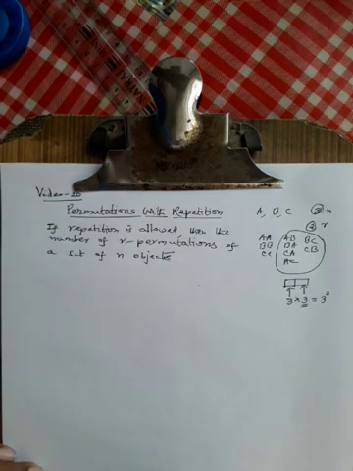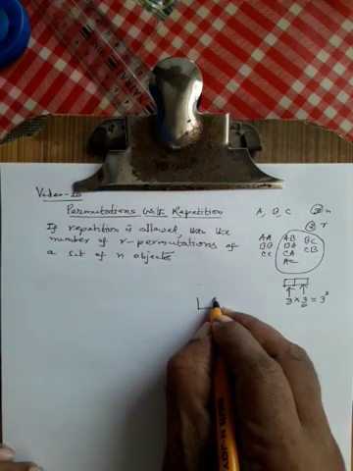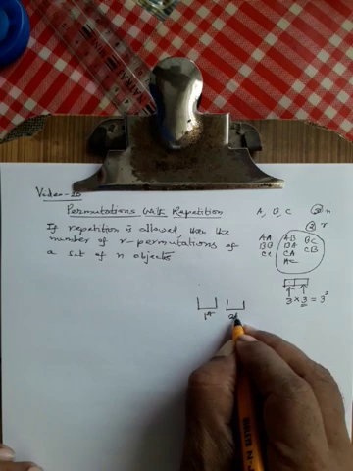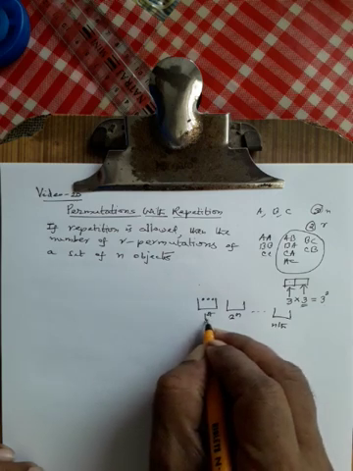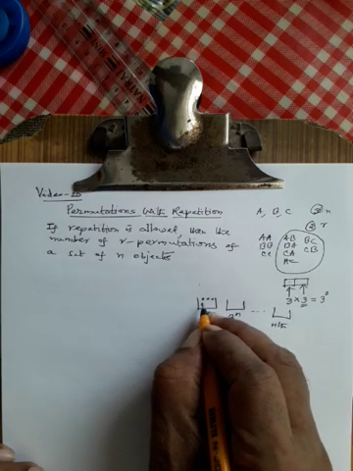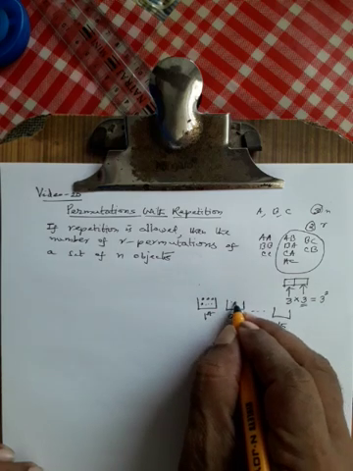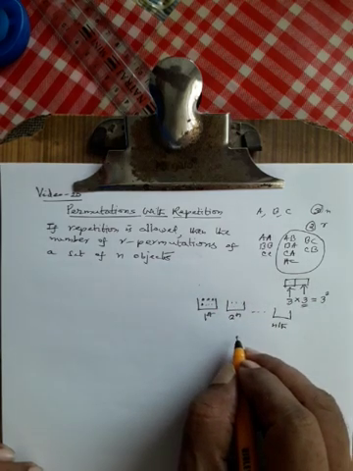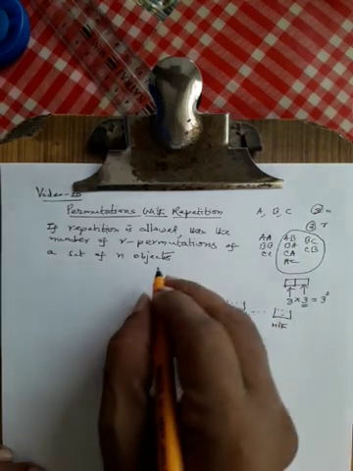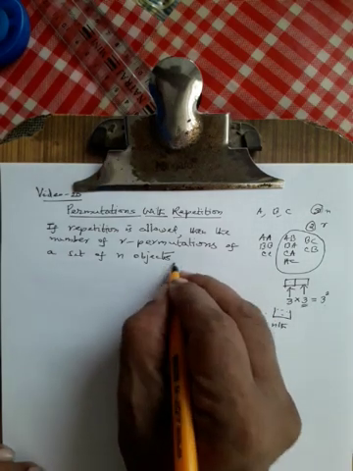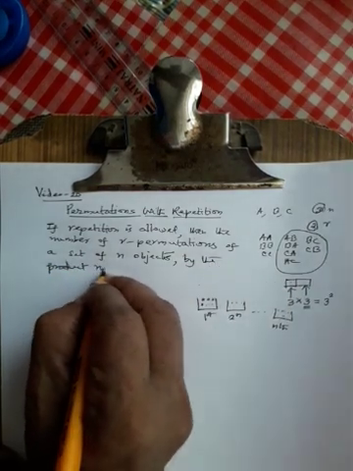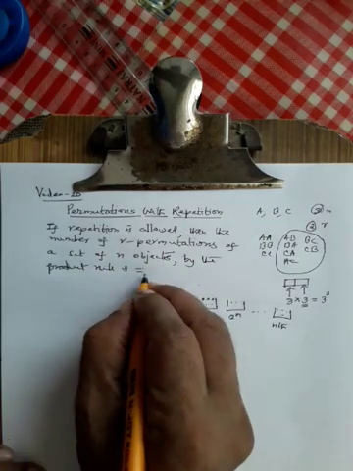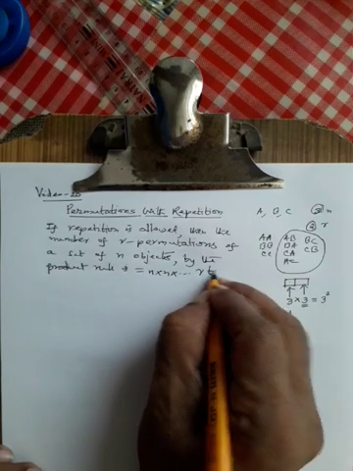So each object has a number of copies, at least r copies. N objects means this is the first object, this is the second object, like that we have the nth object. In each particular element, there are a minimum of r copies. So a set of n objects, by the product rule, is equal to n into n, r times.